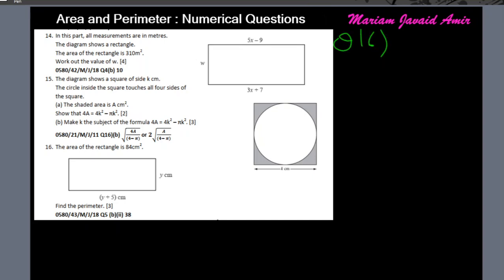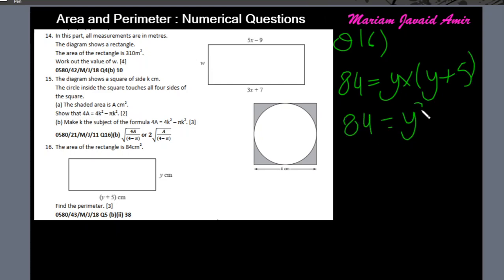The area of the rectangle is 84 centimeters square. Find the perimeter. So area is 84, so 84 equals y times y plus 5. This gives us 84 equals y square plus 5y, which gives us 0 equals y square plus 5y minus 84.